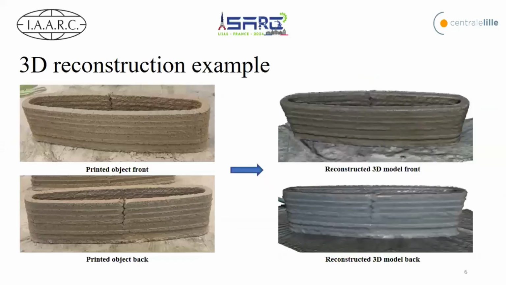Here we can see some examples of the technique used. On the left side, you can see the color images, and on the right side, you can see the constructed 3D model, and some patterns like layers and also cracks are quite visible.